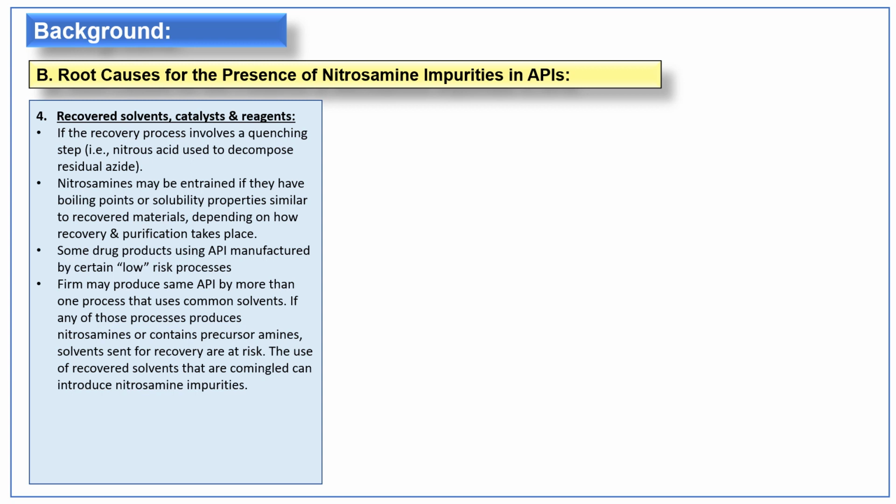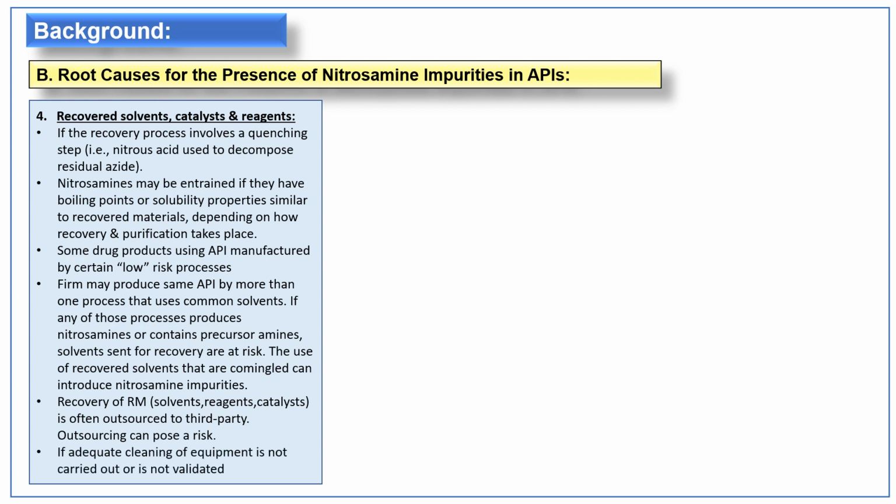If any of these processes produce nitrosamine or contain precursor amine, solvents sent for recovery are at risk. So when they are commingled, the introduction of nitrosamine impurities is possible. Recovery of the raw materials is often outsourced to a third party, so outsourcing can pose a risk. And also if adequate cleaning of equipment is not carried out or it's not validated.